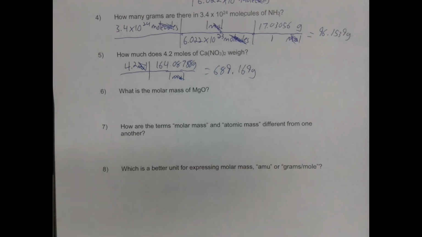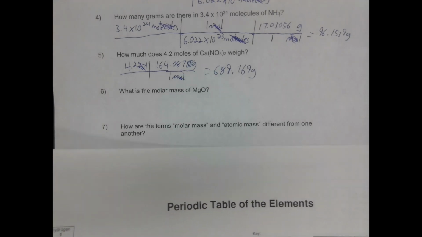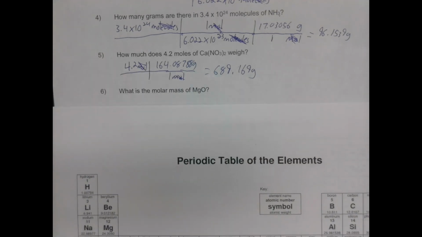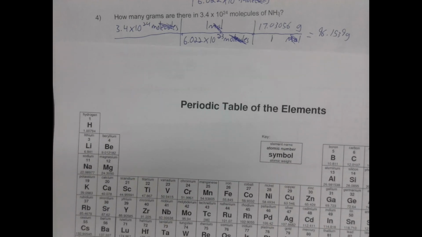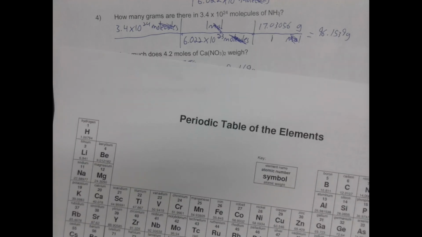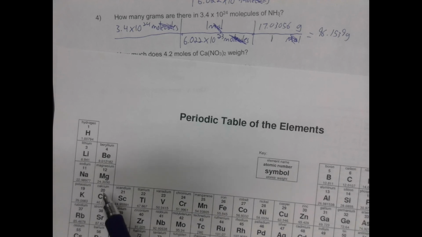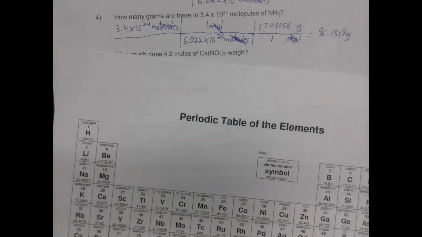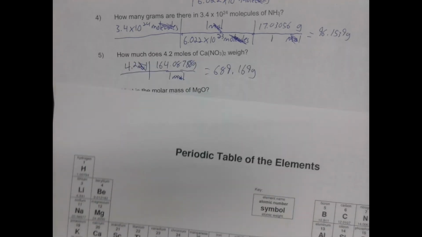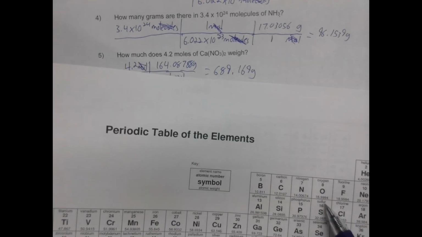So it says, what is the molar mass of magnesium oxide? Or monoxide? It's magnesium oxide. So it would be this plus that.